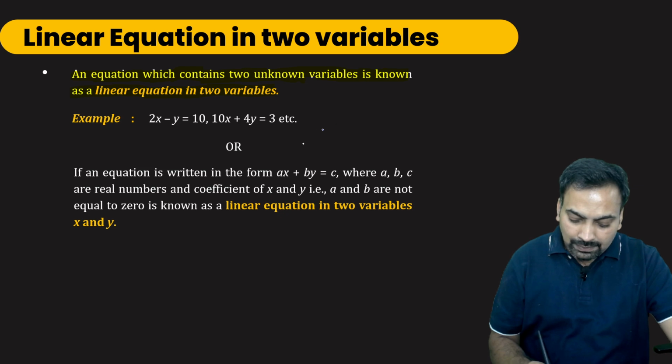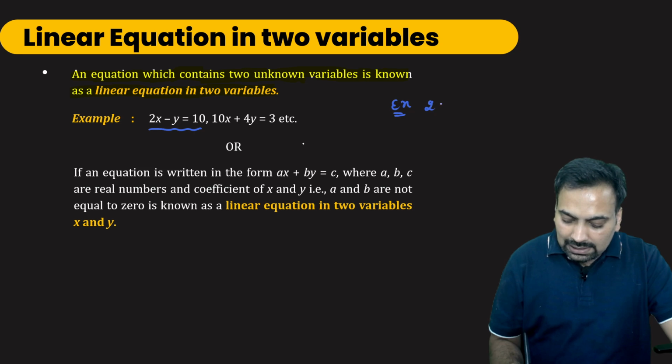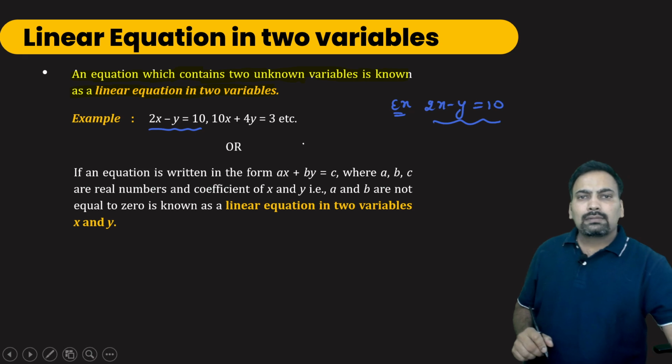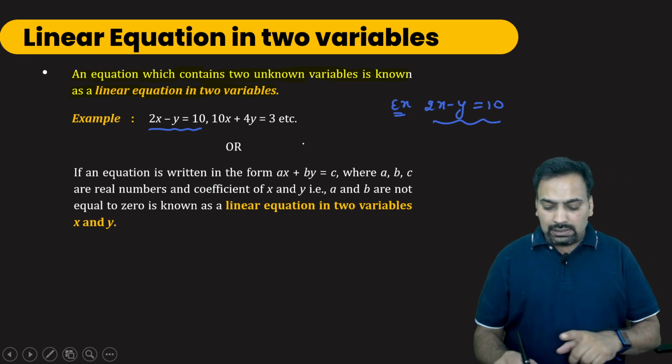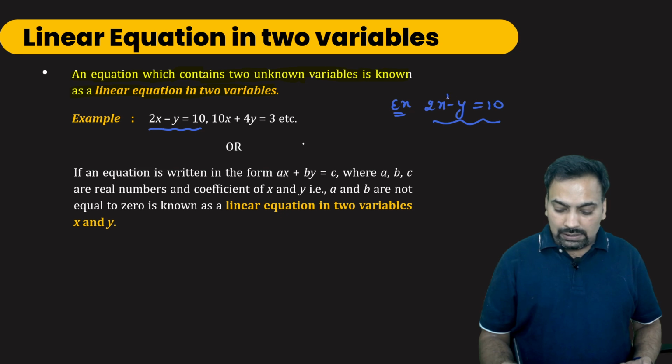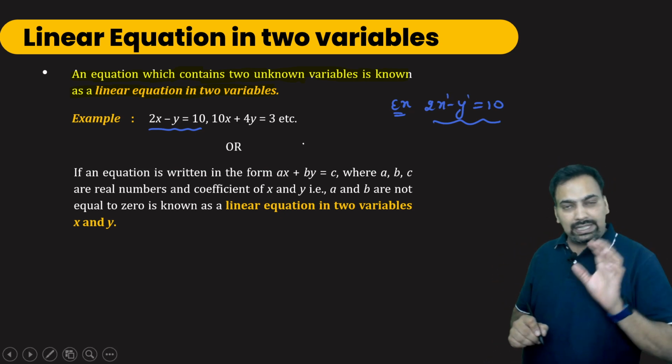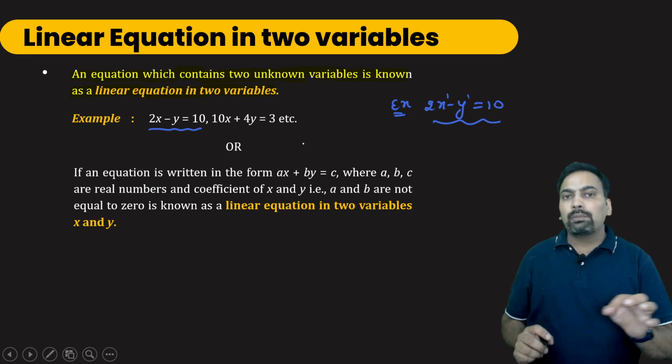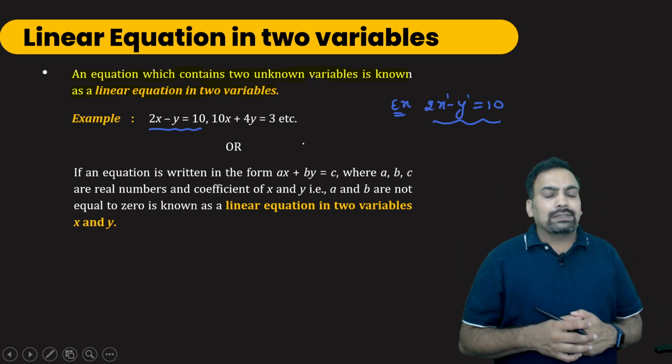For example, it is written here: 2x minus y is equal to 10. Got it or not? The highest power in this equation is 1 only. So the degree is 1. That means it is confirmed. This is a linear equation.